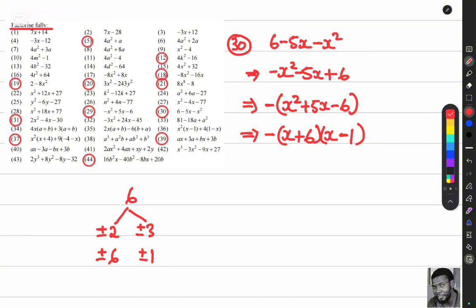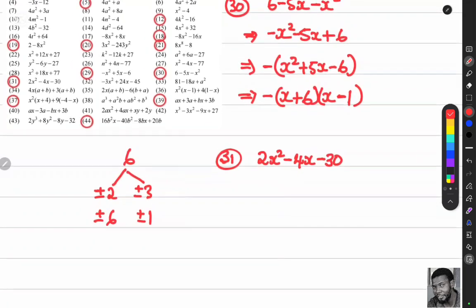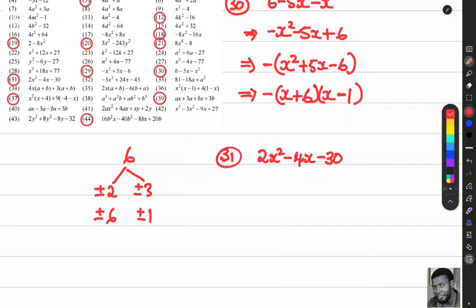From 30, let's move on to 31. We've got 2x squared minus 4x minus 30. So what we can do here, we'll have to factor out, we can see we've got a highest common factor there, which is 2.